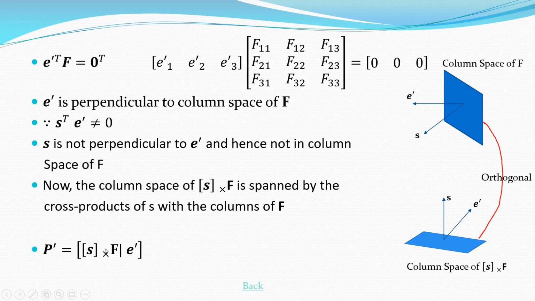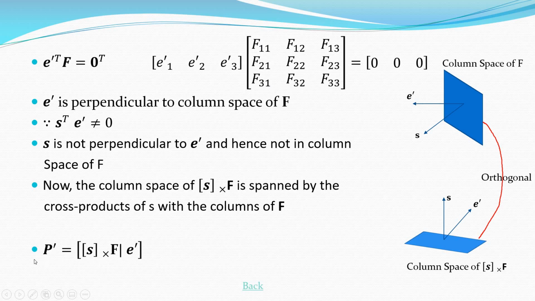What I want to prove is that if this condition is true, then E dash sitting over here should be linearly independent of the column vectors of this matrix. This is actually a 3x3 matrix, so it will have some column vectors. Its column space should not contain E dash.